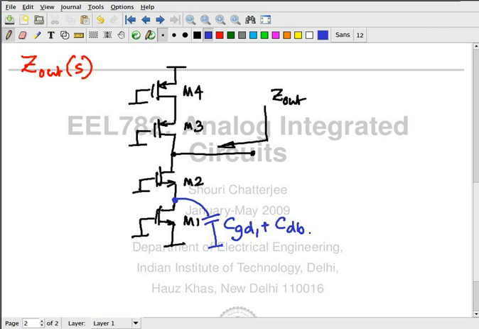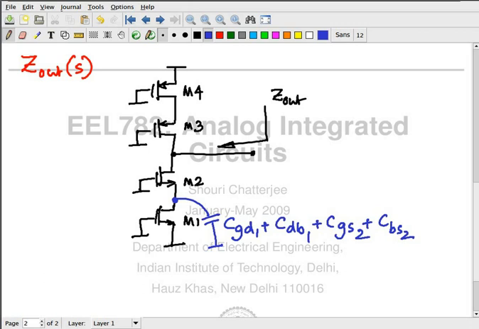Okay, now let's look at device number 2. Gate to source of 2. It's going to come in parallel to the rest. Body to source of 2. It's going to come. Gate to body of 2, not significant.